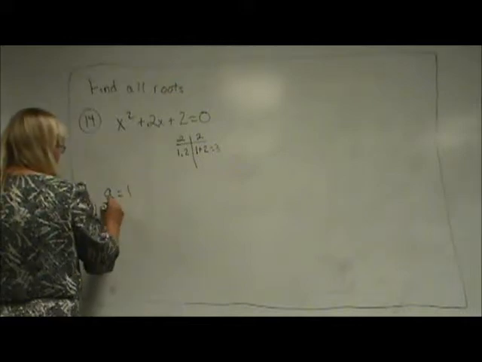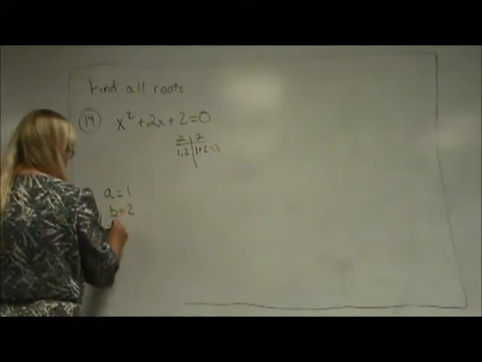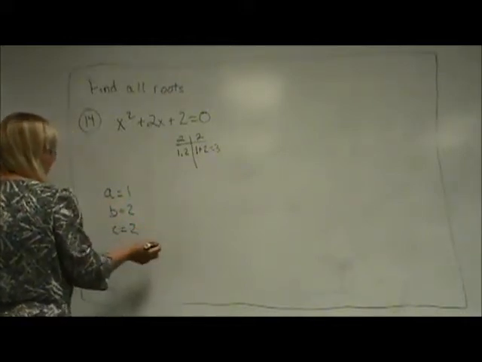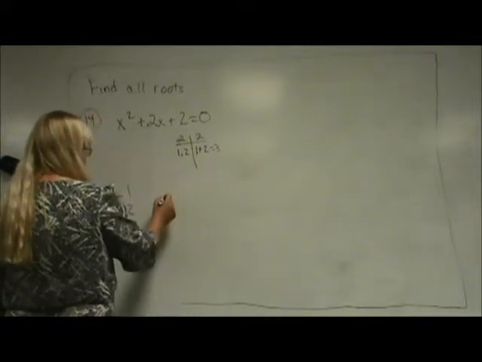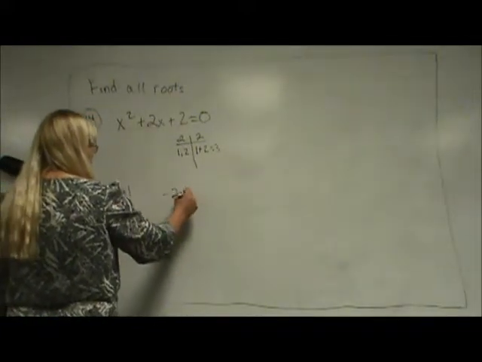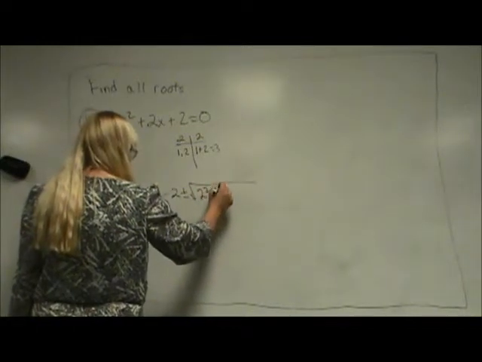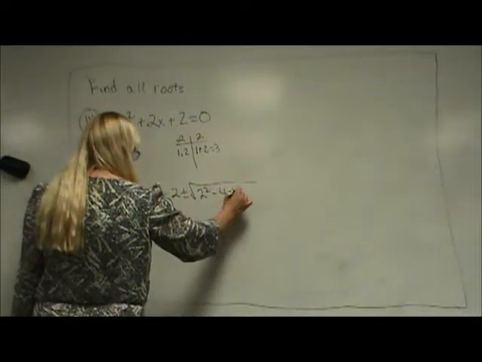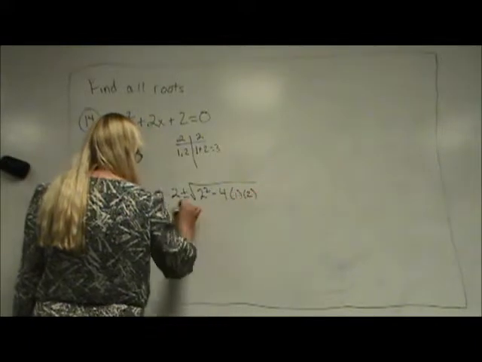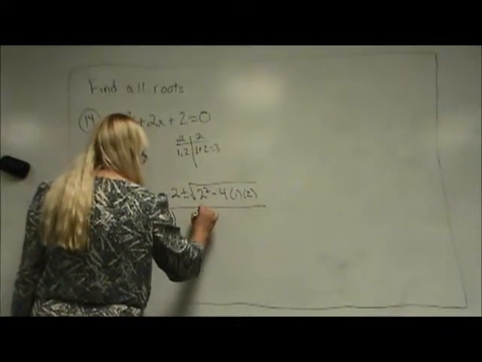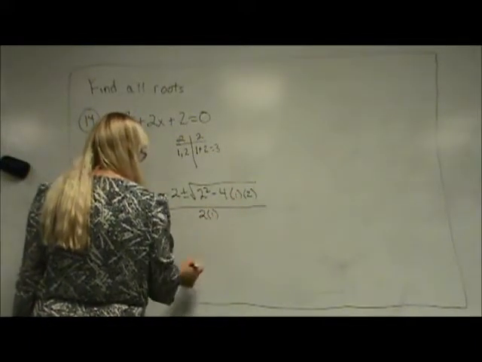So a equals 1, b equals 2, and c equals 2. So I have -2 plus or minus square root of 2 squared minus 4 times 1 times 2, all divided by 2 times 1.